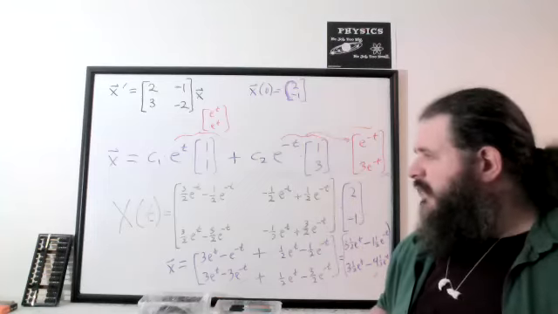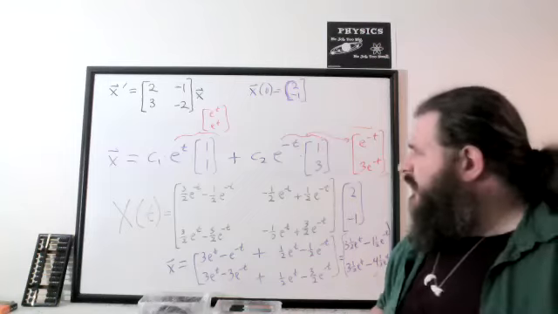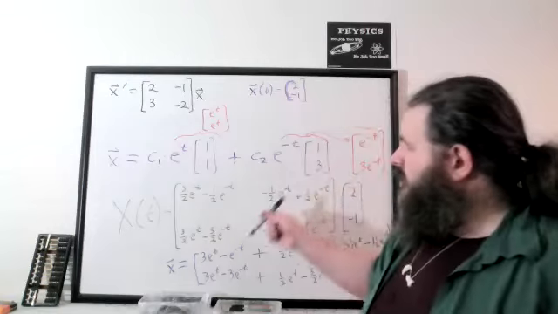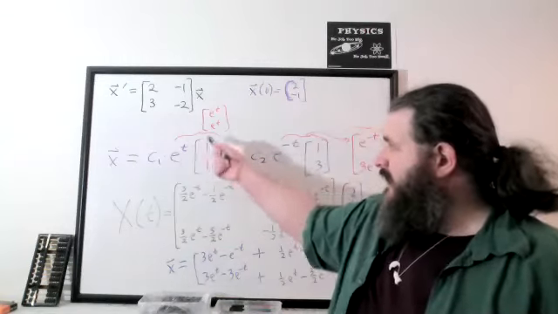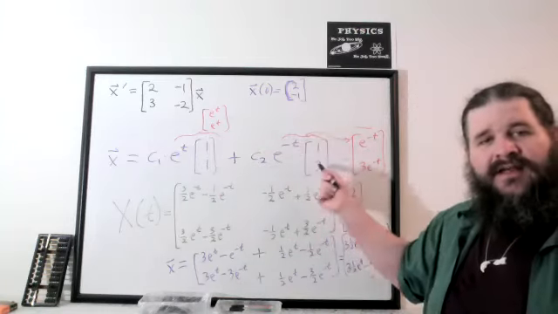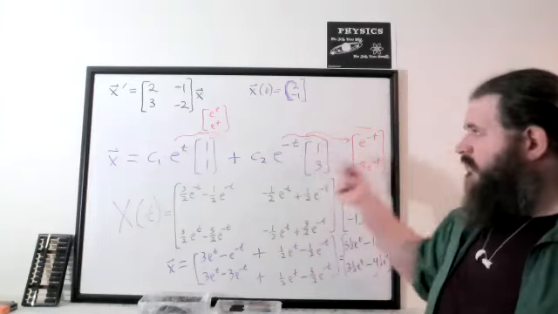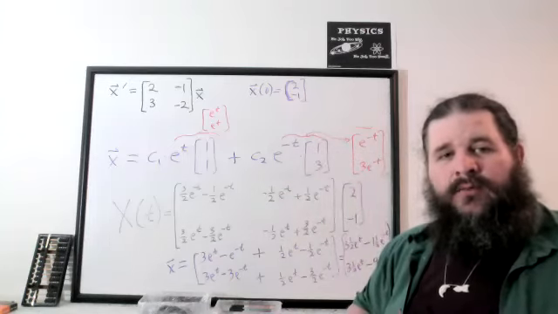So that's really, I think, why the fundamental matrix is a big deal. In most cases, I would usually prefer to use this method, to just find the eigenvalues and eigenvectors and write out C1 times e to the eigenvalue t times eigenvector plus C2 times e to the other eigenvalue t times the other eigenvector. And maybe more terms if you have like a 3x3 matrix or larger. And for most purposes, that works well.